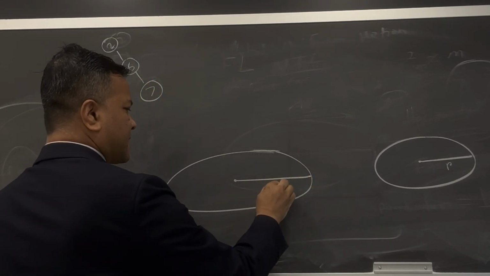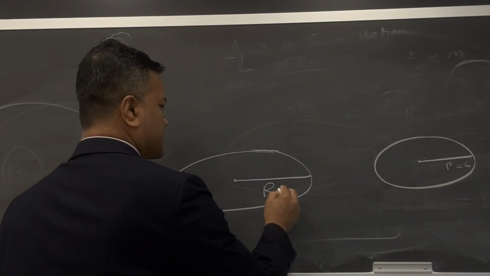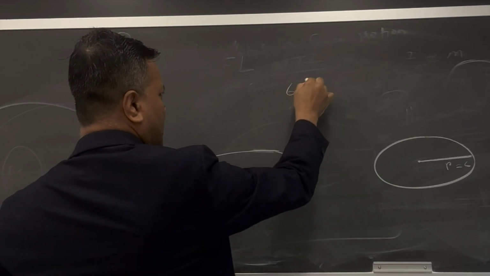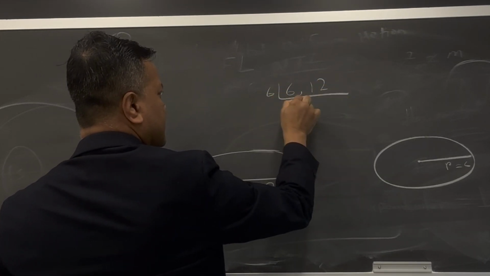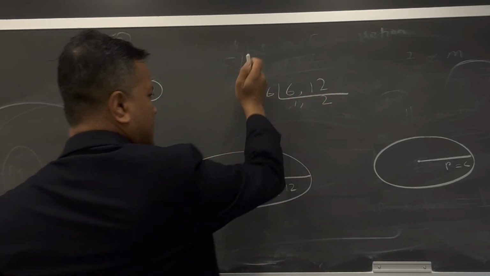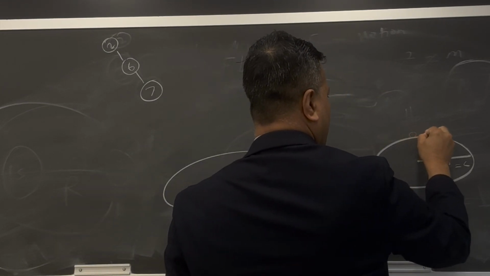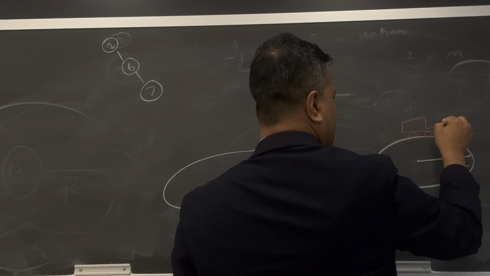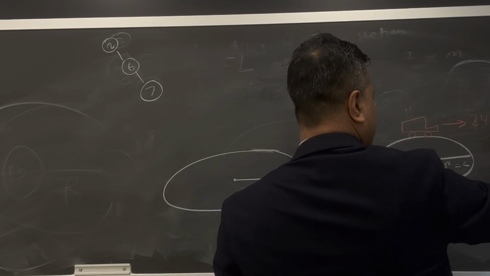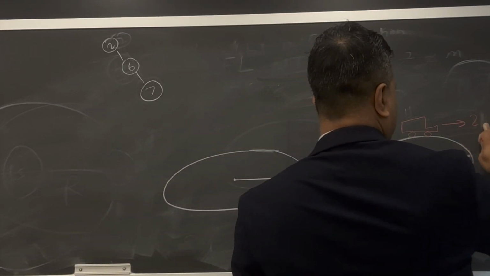This is the big R. Let's say this R is 6, this R is 12. Let's say the velocity of the object is 12 meters per second, and the radius is 6 meters. It's easy to do the math.